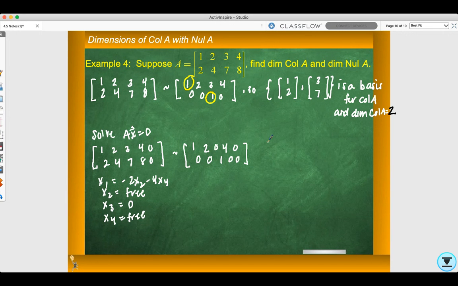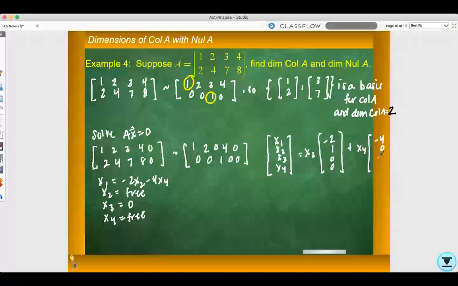So going over here, (x1, x2, x3, x4) would equal x2 times (negative 2, 1, 0, 0) plus x4 times (negative 4, 0, 0, 1).